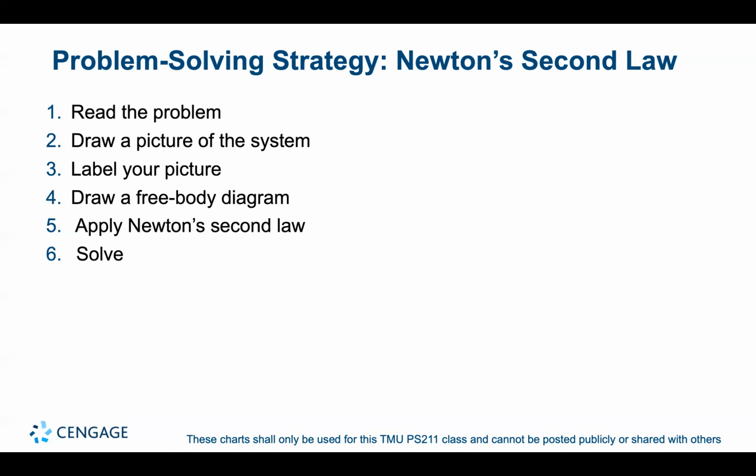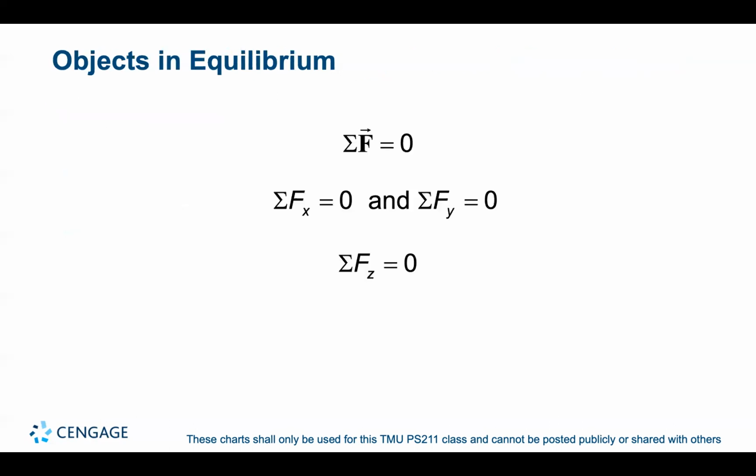In the special case of equilibrium, the foregoing process is simplified because the acceleration is 0. So we'll talk about objects in equilibrium here. Objects that are either at rest or moving with constant velocity are said to be in equilibrium.